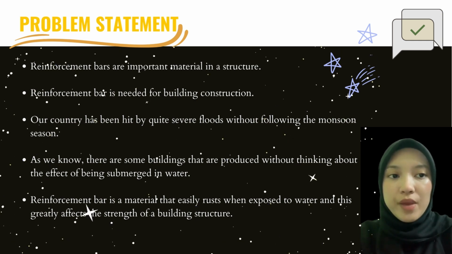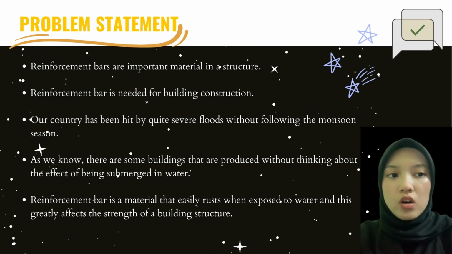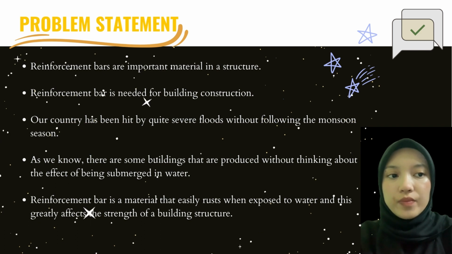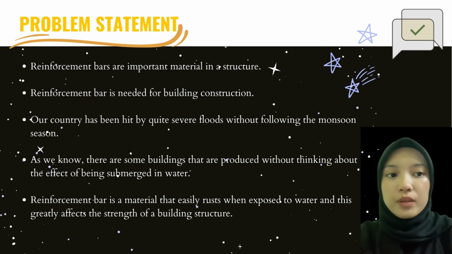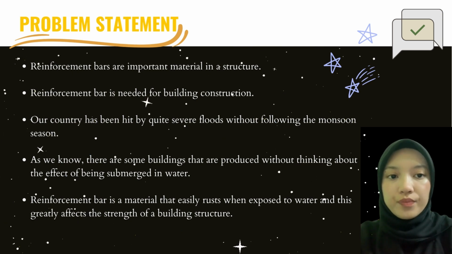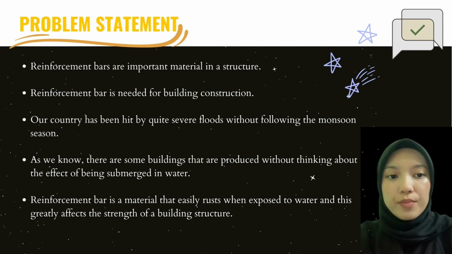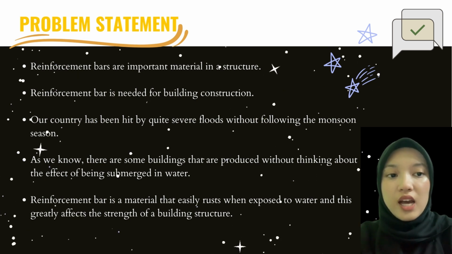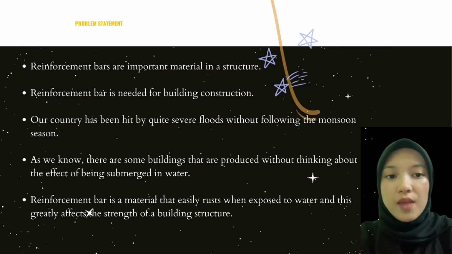Reinforcement bar is a material that easily rusts when exposed to water, and this greatly affects the strength of a building structure. The presence of rust on the iron can change the safety factor of the structure and building.